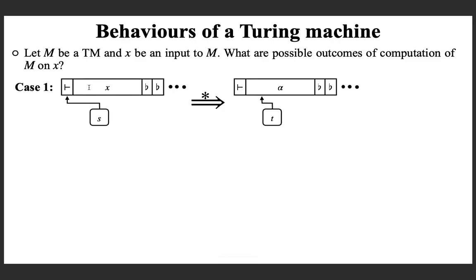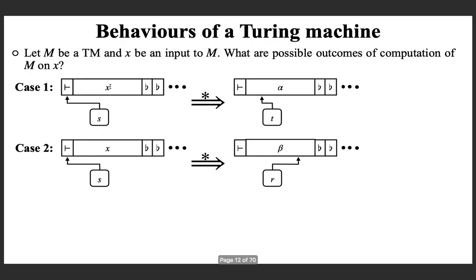This is the first possibility: when the machine M starts executing with the tape content being the left-hand marker followed by the input followed by blank symbols in all the other cells, eventually it gets into a configuration where the state is T. We know that T is a sink state. Once the machine gets into it, it can never move out of it, and when it gets into such a configuration, we say that the input string is accepted.